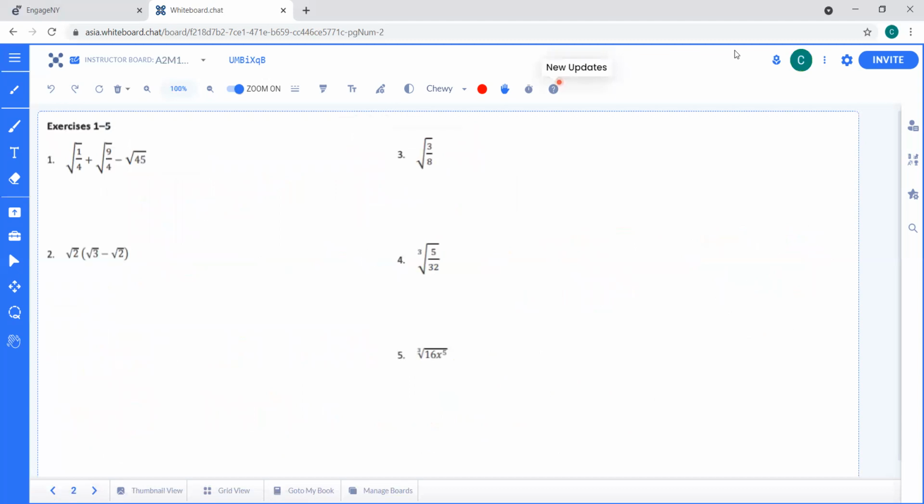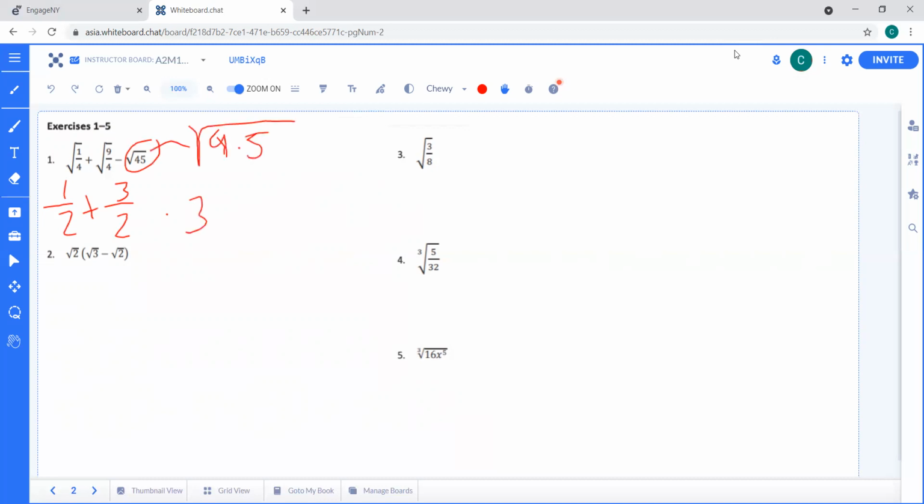Page 2. So for page 2, we're looking at the square root of 1/4 plus the square root of 9/4 minus the square root of 45. Okay. Well, can we square root 1/4? Sure. Square root 9/4, sure. That's just 3 over 2. Now, for 45, we would say this is equal to 9 times 5.